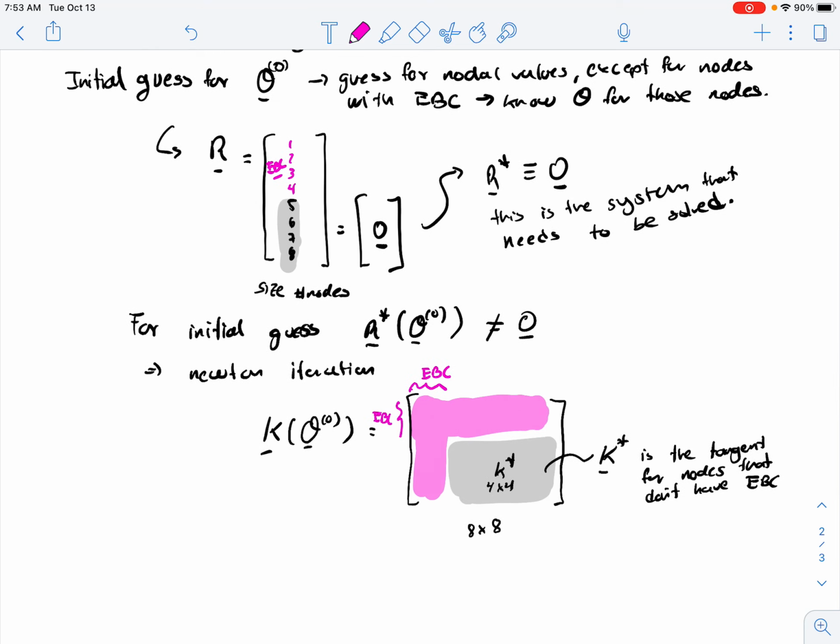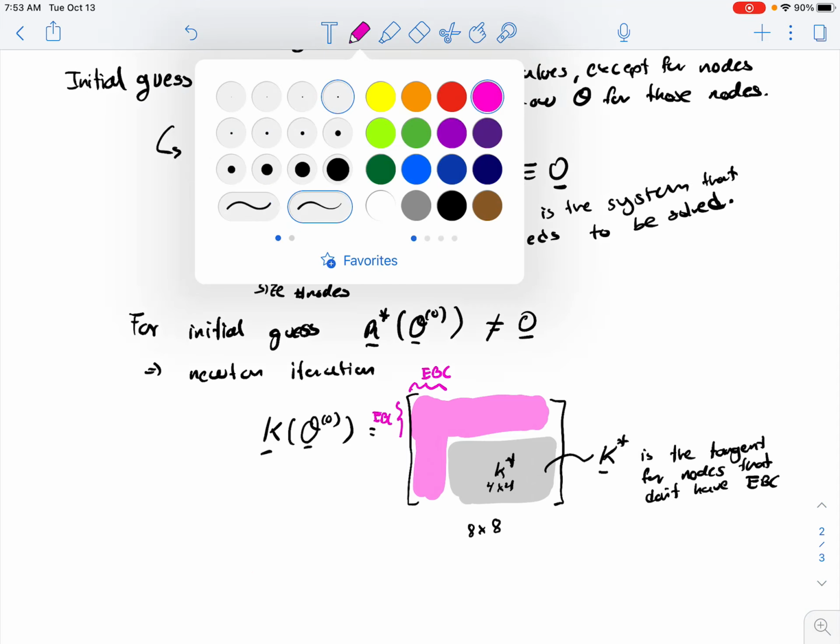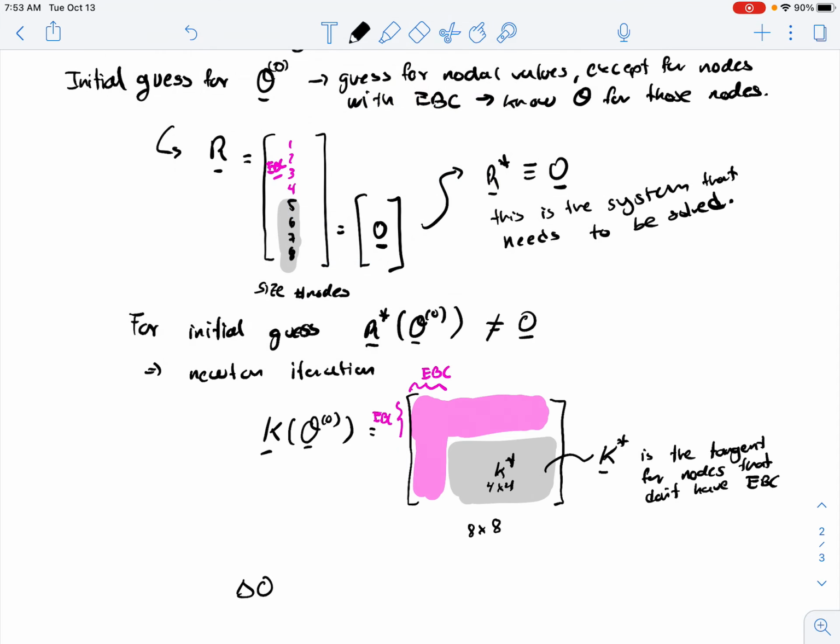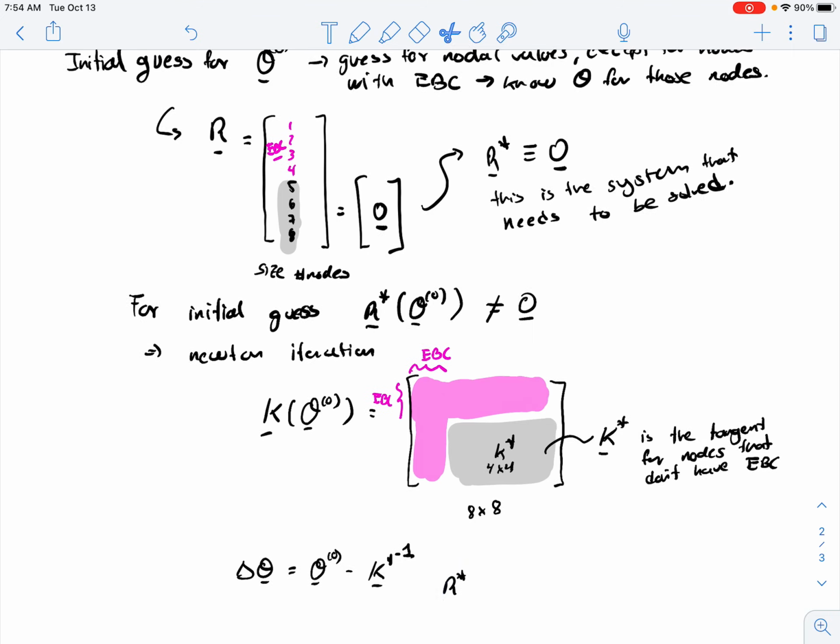And then with that K star, you'll get this increment of theta. So the increment of theta equals the first guess minus K star inverse times residual star, both of those evaluated at the initial guess.